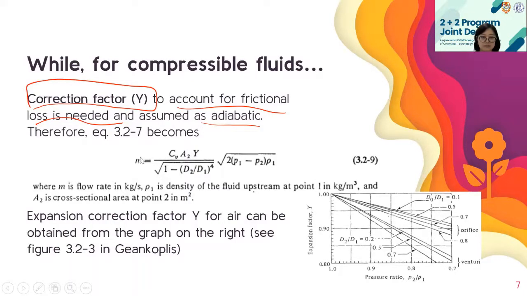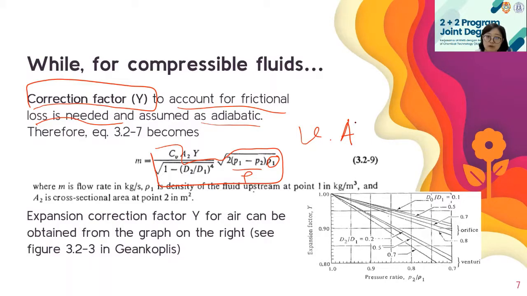So previously for velocity, it's only this, right? With this in the denominator, isn't it? Now, however, since it's mass, velocity times A, or cross-sectional area, we get the volumetric flow rate.